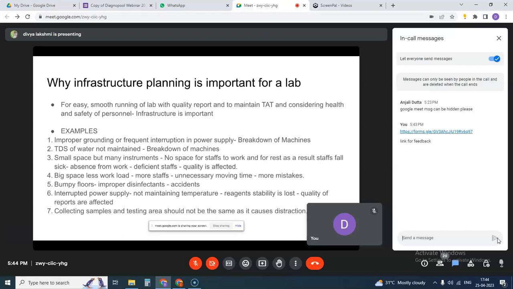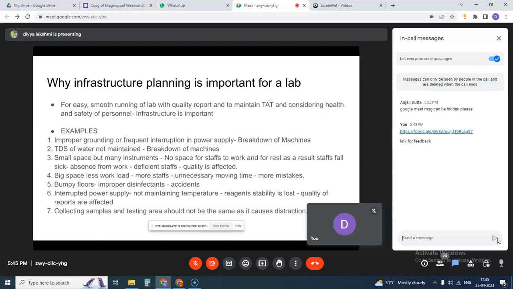So why is infrastructure planning important for a lab? It is important for easy, smooth running of a lab with quality reports, to maintain good turnaround time, and considering the health and safety of personnel. I'd like to give a few examples. If there is no good infrastructure, what will happen?